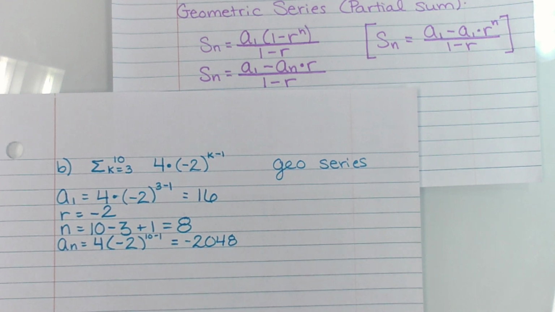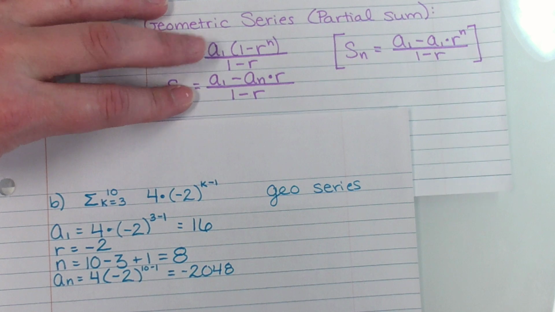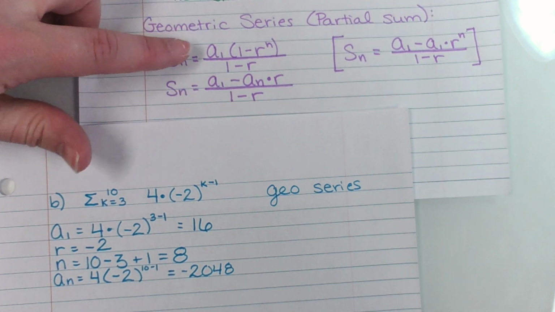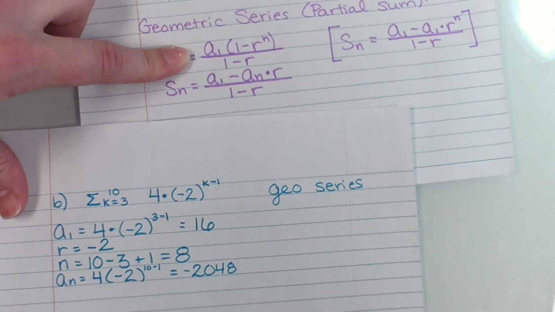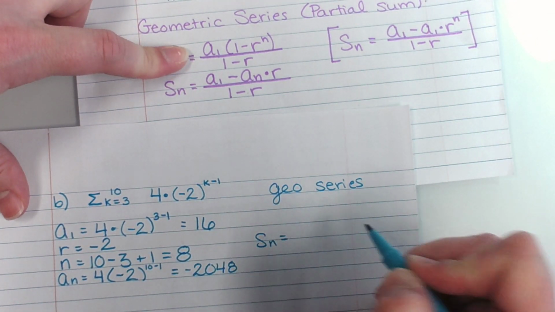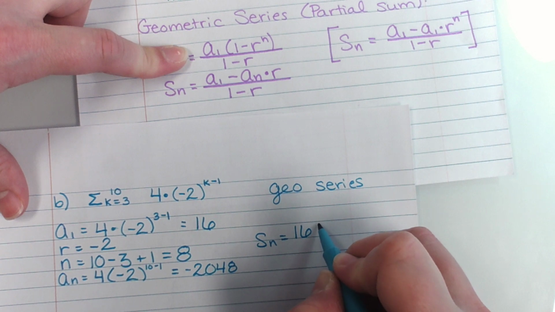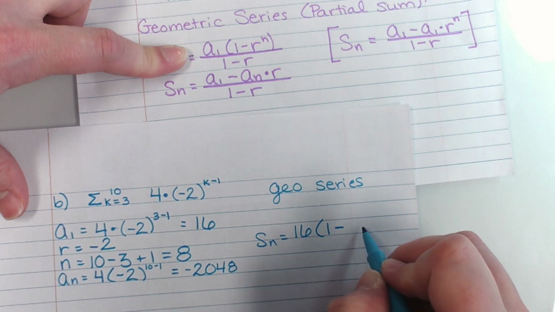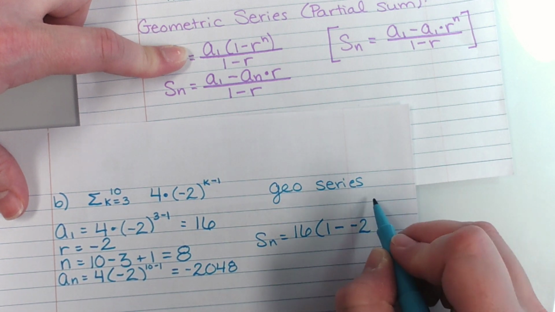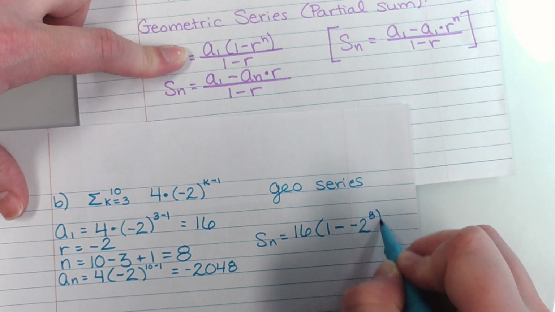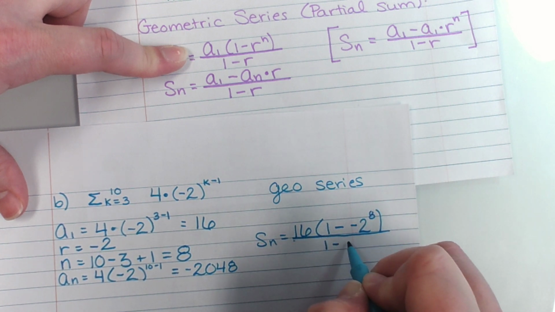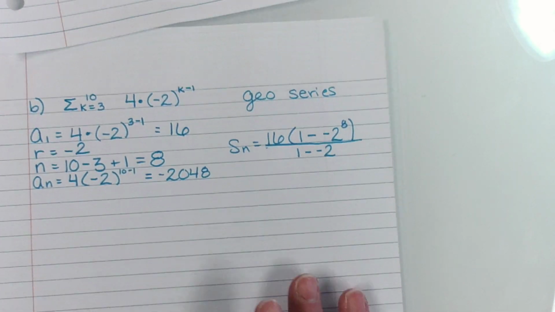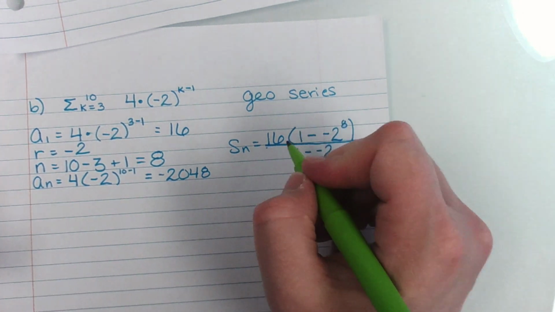Lauren, which of these two equations would you rather use? Okay, sure. And what would it look like if I use it? 16 times 1 minus -2 to the power of 8, divided by 1 minus -2. Good. Addie, where does this need parentheses? Is there anywhere else?